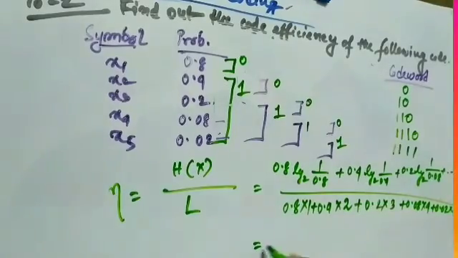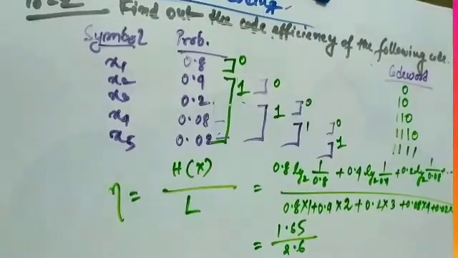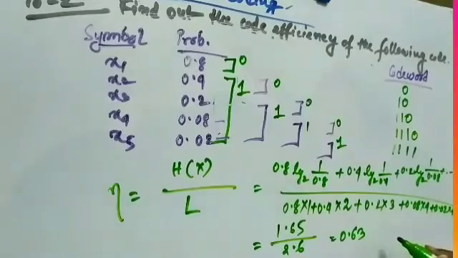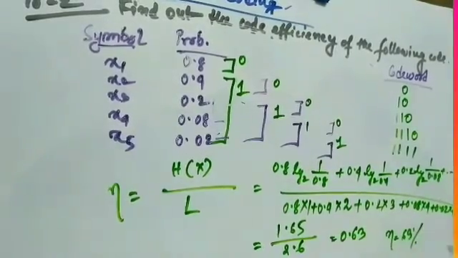The total value will be, numerator is 1.65 and denominator is 2.6. If you calculate, you can get this value, which is 0.63. So the value of eta equals 63%. It is your answer.